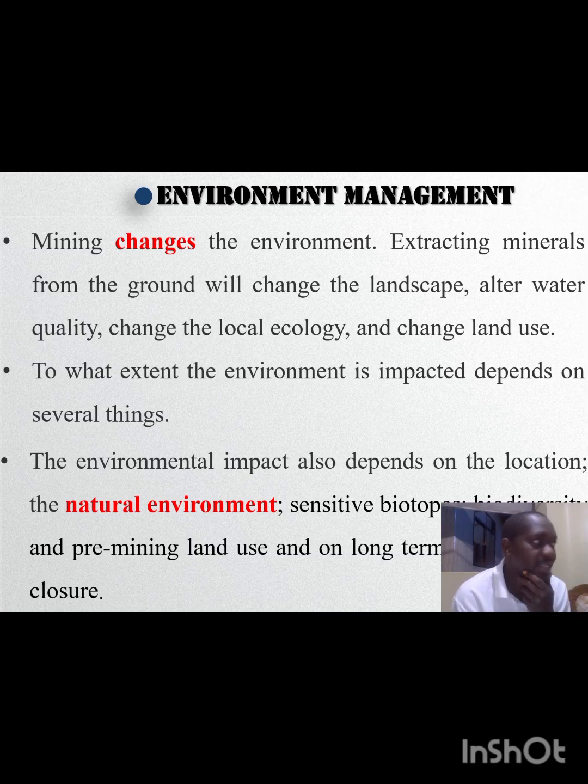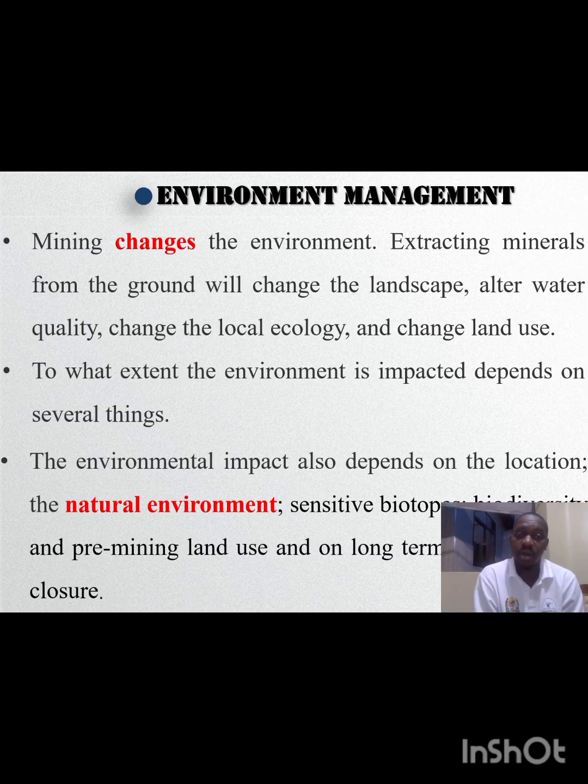You are mining near town, or you are mining in a remote area where you don't have human activities close by. So the location really matters when it comes to the extent of the impacts, the environmental cost which will be incurred.